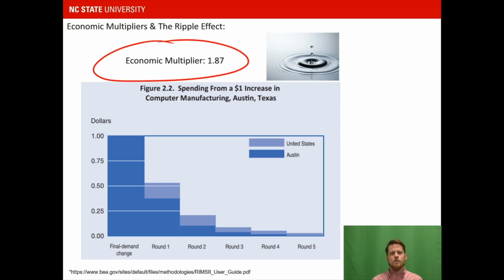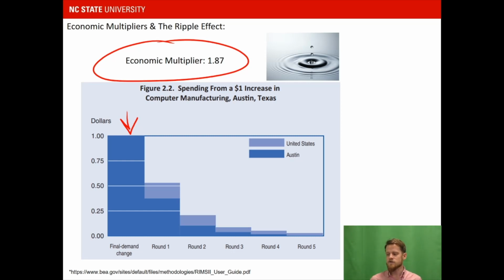Okay, so I've got an example here of computer manufacturing in Austin, Texas to illustrate this point, right? So to begin, there is some kind of activity, some spending that initiates the economic impacts, right? That's like dropping the pebble into the pond to create the ripples. So that initial dollar spent right here, that's final demand change.